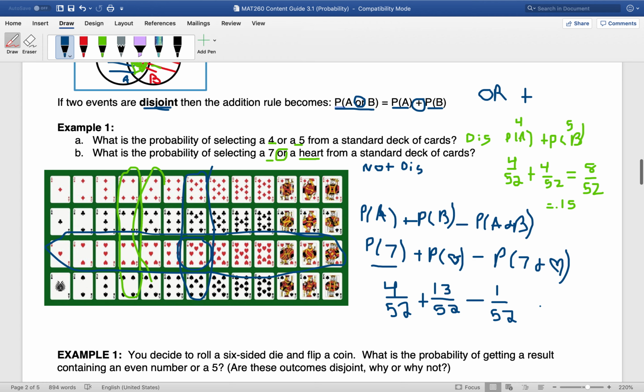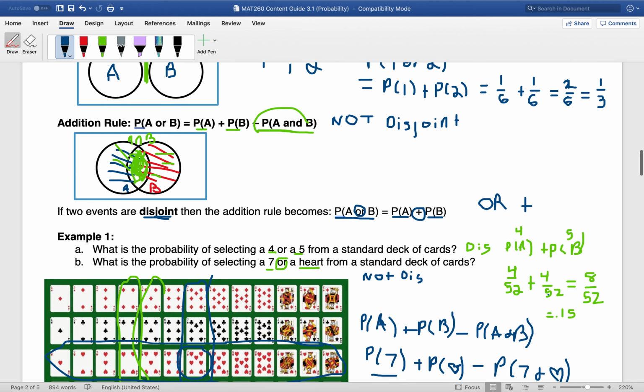So 17 minus 1 will give us 16 out of 52. And 16 out of 52 will be about 0.31. So the probability of getting a 7 or heart is 0.31.